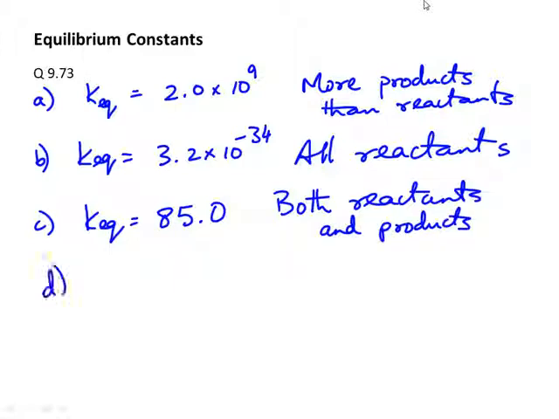And D, equilibrium constant given is, I lost my questions. Just one second. Yes, K equilibrium given is 0.046. Once again, following the table, we would predict that there is pretty much the same, both reactants and products.